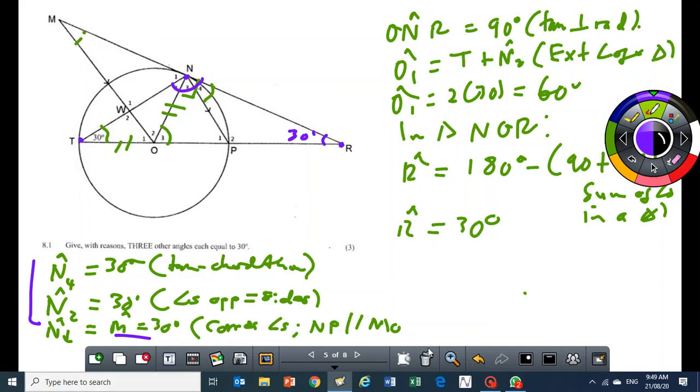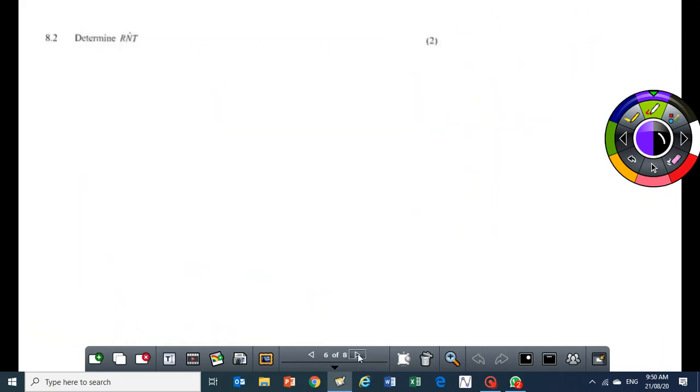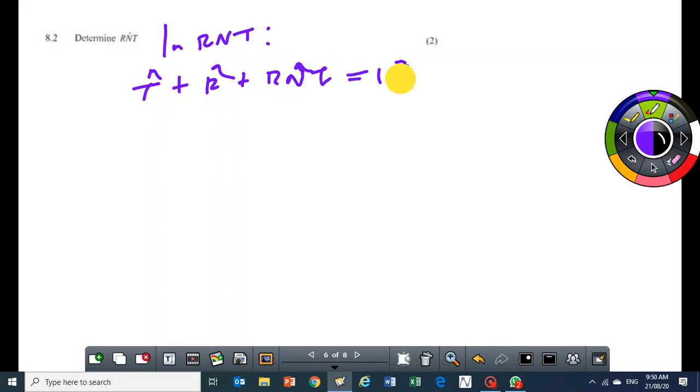Alright, let's carry on. Since I got my R, then my T, finding that angle N is very simple. I'll say in triangle RNT, angle T plus angle R plus angle RNT will give me 180 degrees, that's the sum of angles in a triangle.